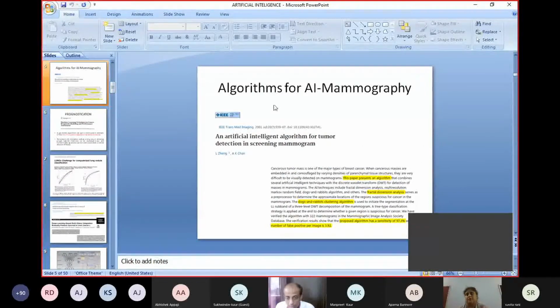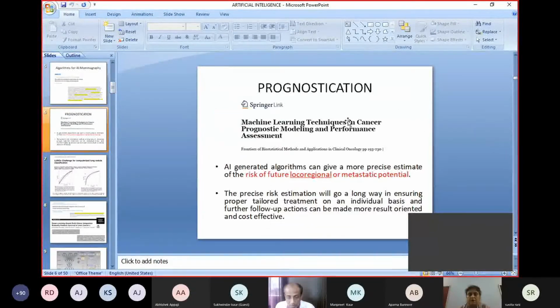So this is how it is used for mammography, and many algorithms play a role in that, like the fractal dimension analysis and the clustering algorithm, which come into play in mammography. Then in prognosis, what is prognosis? Prognosis means how many years the patient is going to live if diagnosed with cancer.